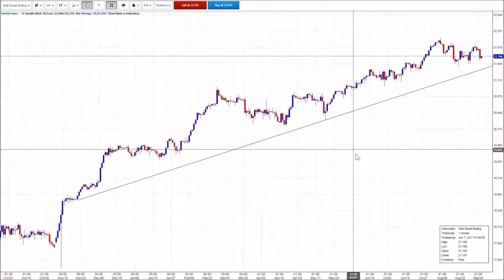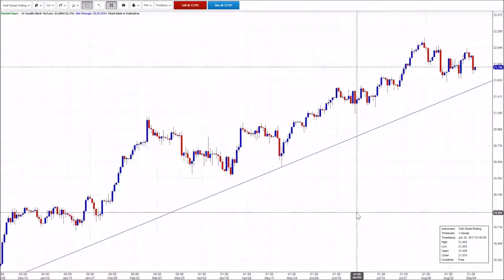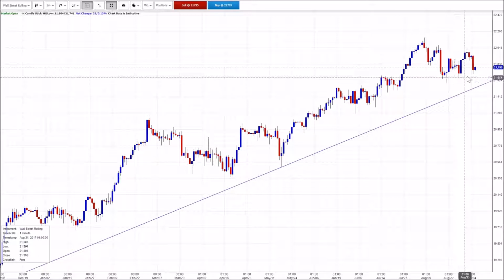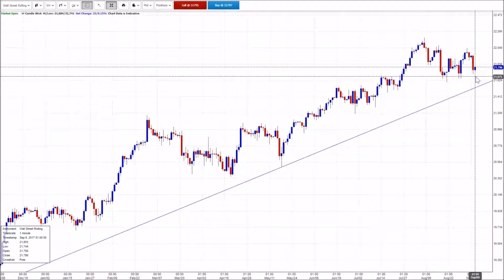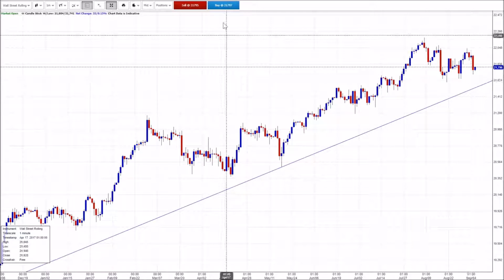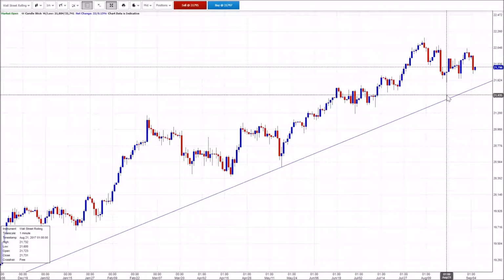So again, the trade for me, if we were going back to this whole stop loss thing, if you thought that the Dow peaked August the 8th at 22,200 near enough, and has sold off a bit since then and has bounced back overnight. For me, the trade on the Dow, if you believe the market's going back up, we're a buyer now at 21,797 with a stop loss underneath those lows, and those lows are 21,600.